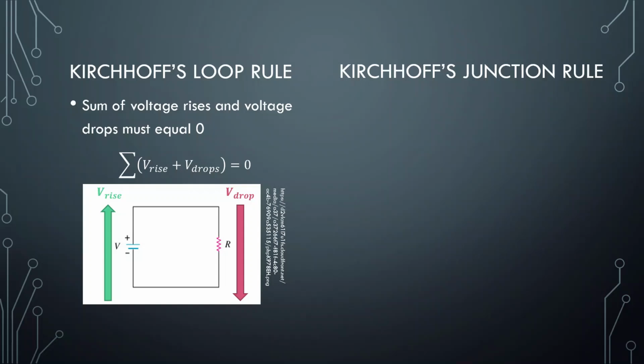So a resistor would cause a voltage drop. If you were to add up all the rises and all the drops along a single loop in a circuit, then those must add up to 0.